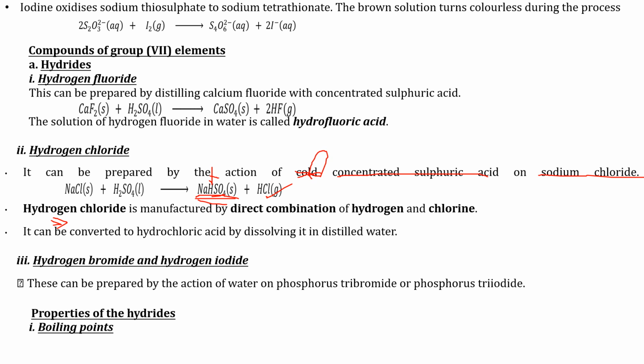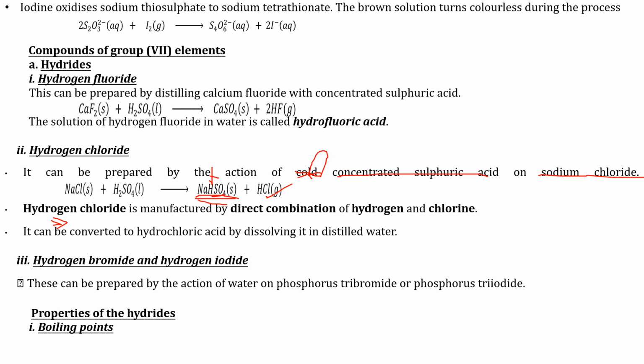Like I've been telling you, the hydrides of these elements, you can either call them hydrides or call them acids. They all mean the same thing, especially when you are explaining acidic strength. Some textbooks will explain it in terms of acids, and others in terms of gases, and by gases I mean they are hydrides.